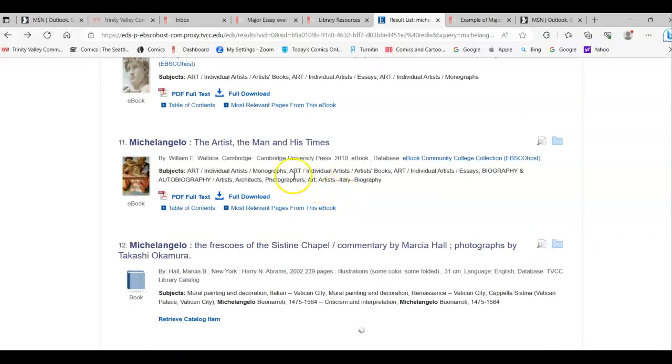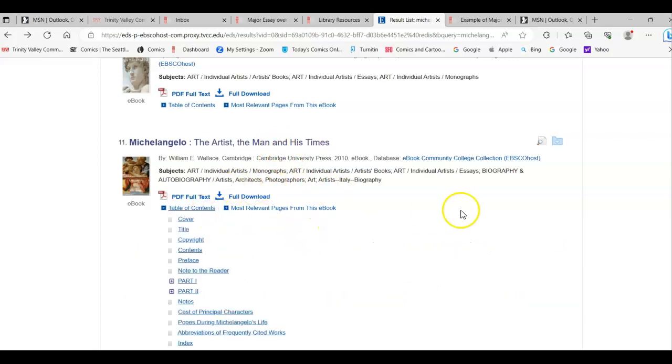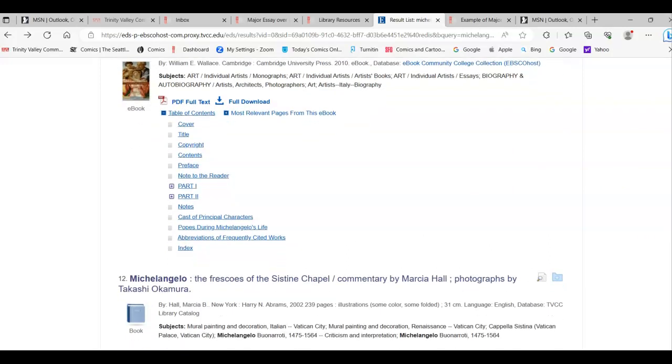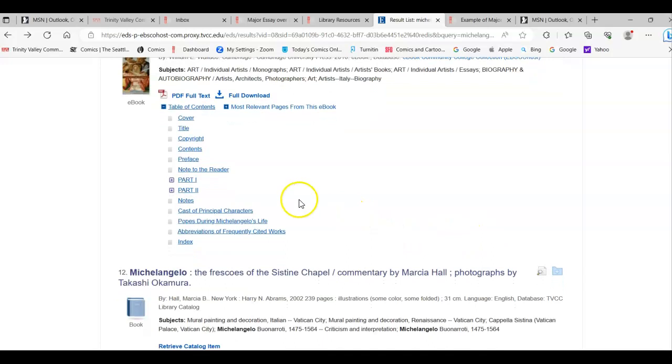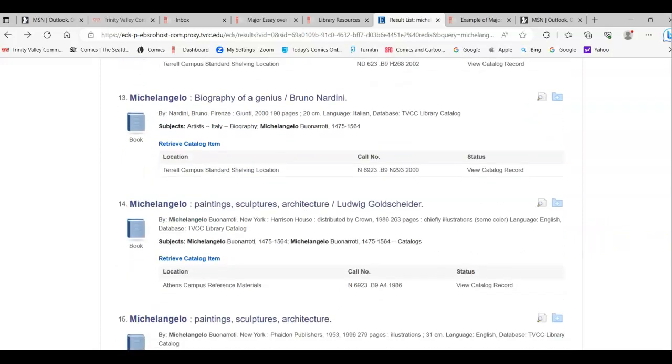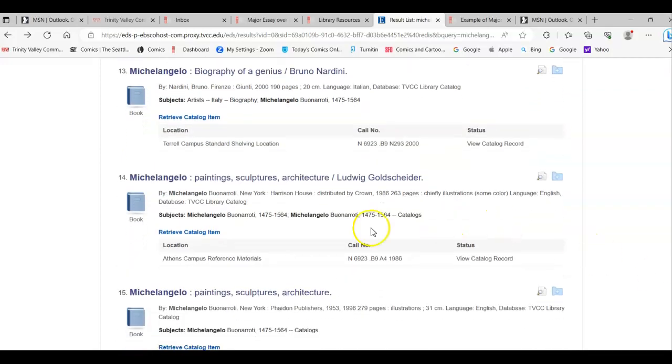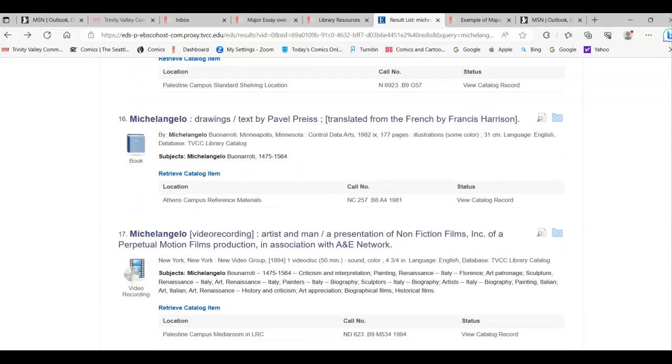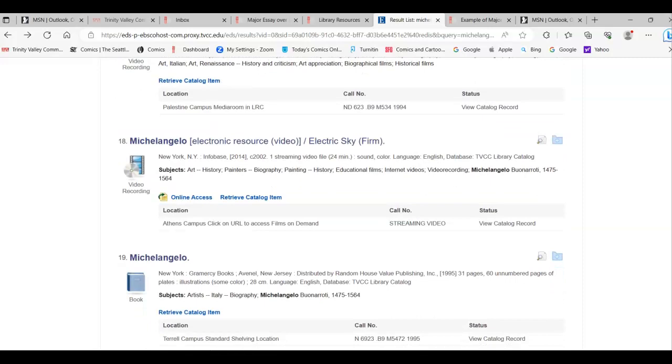This one is another book. And again, in the table of contents, we'll just go to that one. You'll see where it gives you some of the details and some of his aspects that it works on. And again, some of these are not available online.